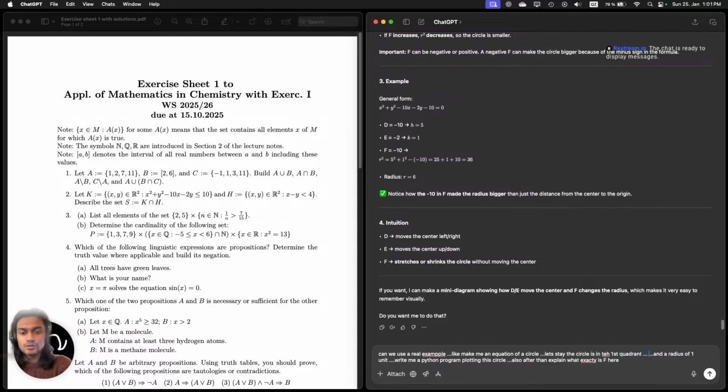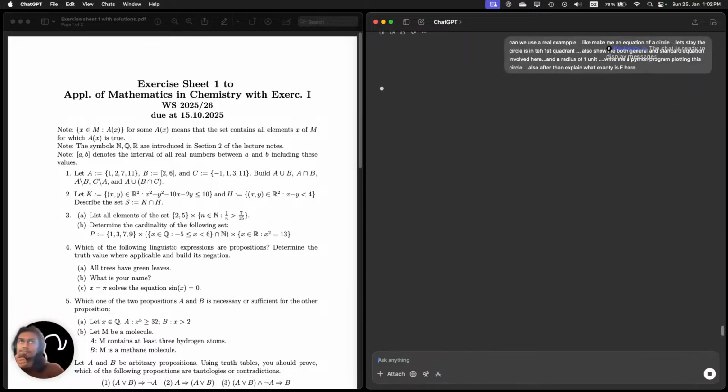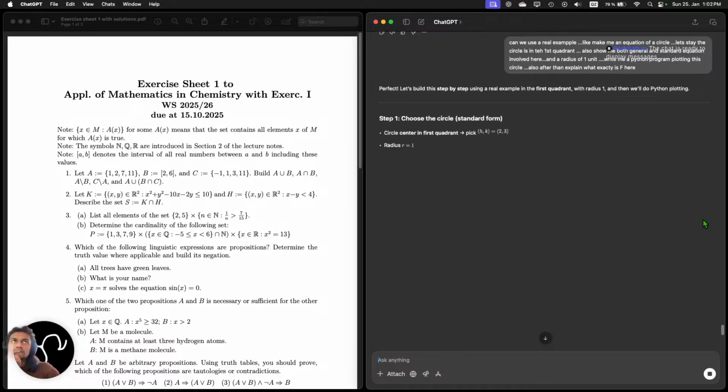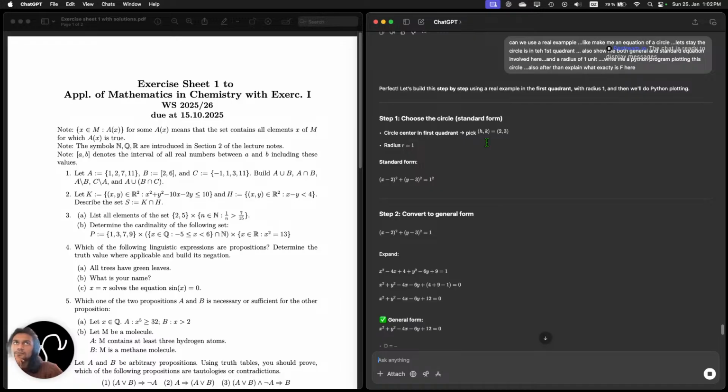Also show both general and standard forms. Choose a circle, pick (2, 3). So it's like 2 units from x and 3 from y.